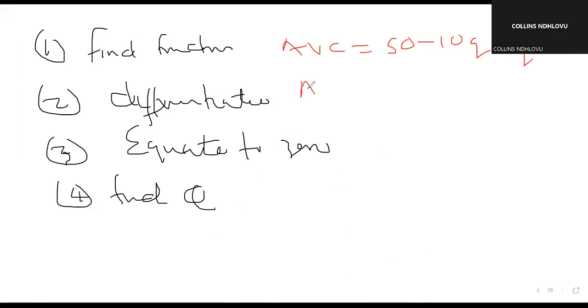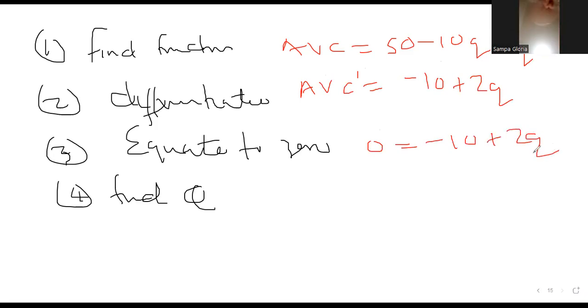Step 2, differentiate. So 50 becomes 0. Minus 10Q becomes minus 10. Q squared becomes 2Q. Step 3, equal to 0. When this one comes inside, 10 is equal to 2Q.